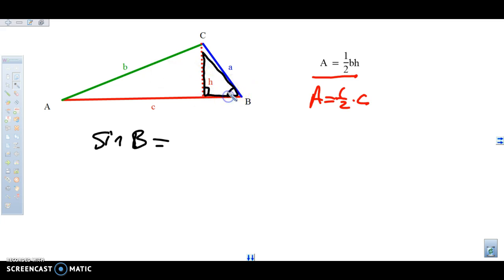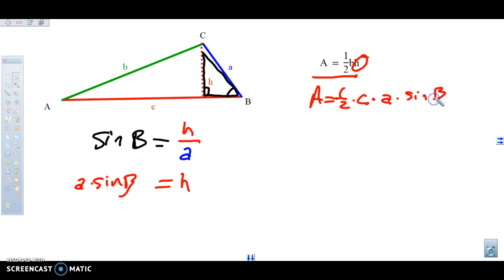The sine of that angle B is the side opposite it, which is H, divided by the hypotenuse there, which is side A in the triangle, the blue side A. So solving this for H, H equals A times the sine of angle B. Plugging that in for H, we see that the area of the triangle can be thought of as 1/2 times A times C times the sine of angle B.